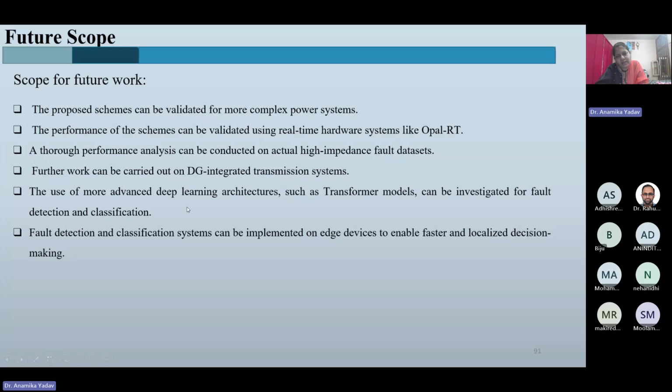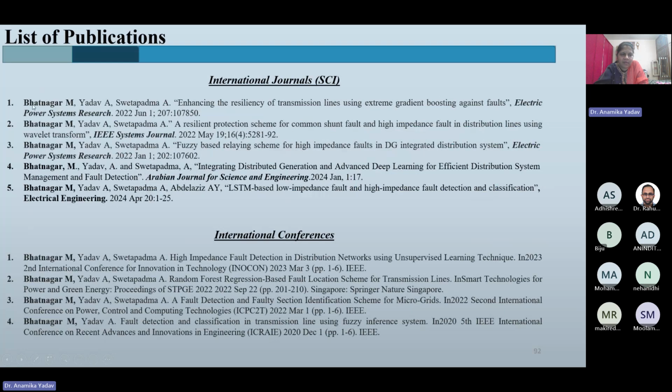More advanced deep learning architectures like transformer models can be investigated, and overall fault localization decision is also one of the things that can be done. And these are a few of the journal publications that have been carried out at NIT Raipur. The PhD scholar Manvi Bhatnagar published all these papers under my guidance and supervision.